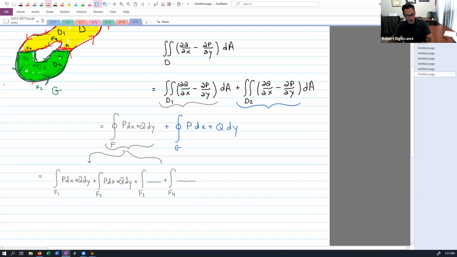That's all of that. Similarly, that can be broken down into its 4 paths over G1, G2, G3, G4. And it's all the same thing, P dx plus Q dy, add all those up.